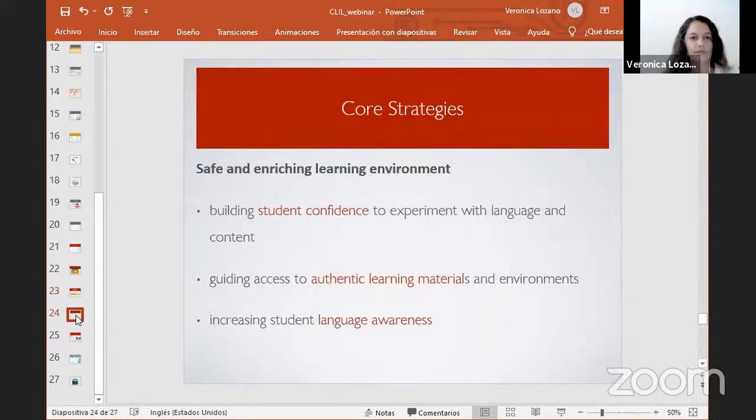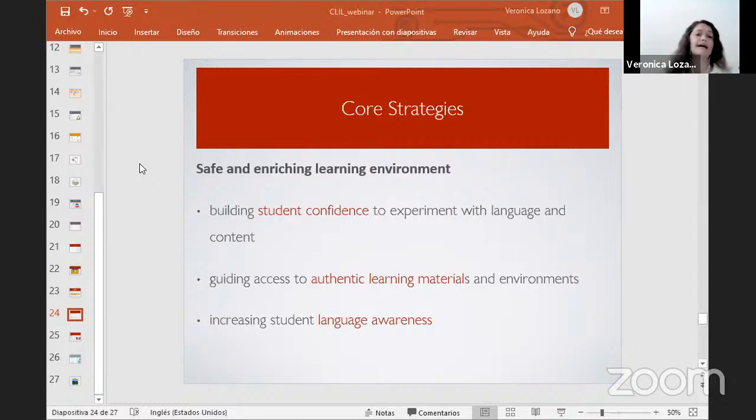Okay. And we are almost at the end of this. So here's some kind of summary of how these ideas can work together. So what we want is to create a safe and enriching environment in which we build students' confidence to experiment with language and content.